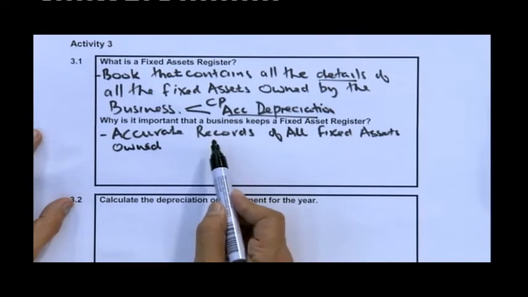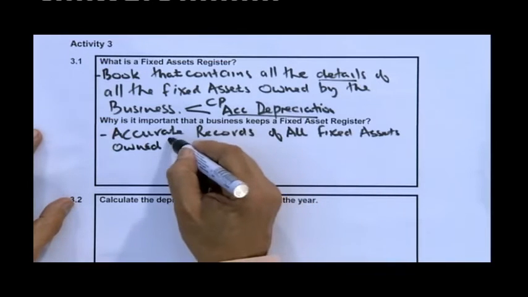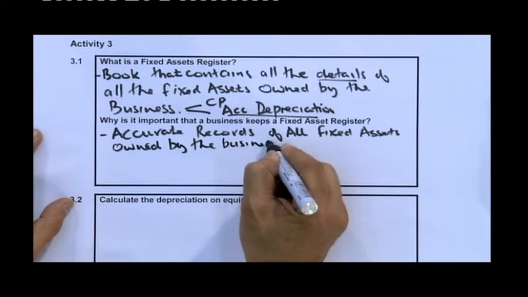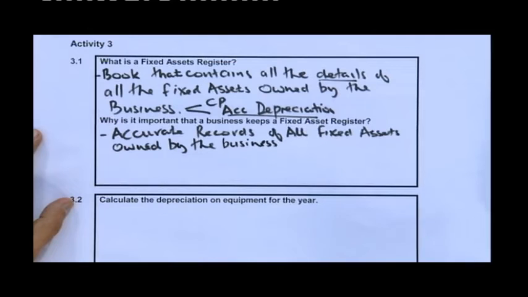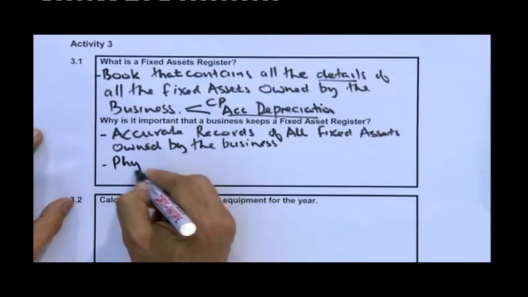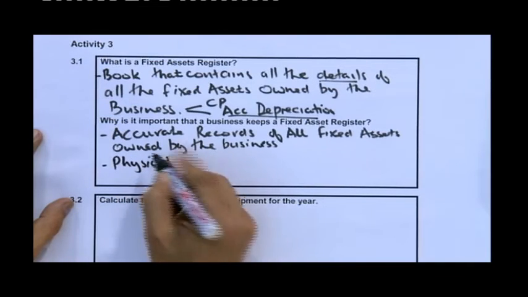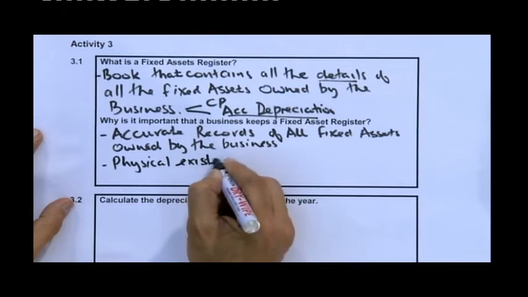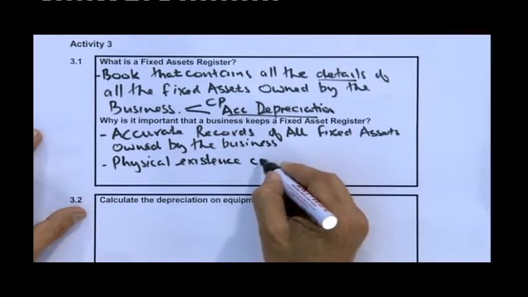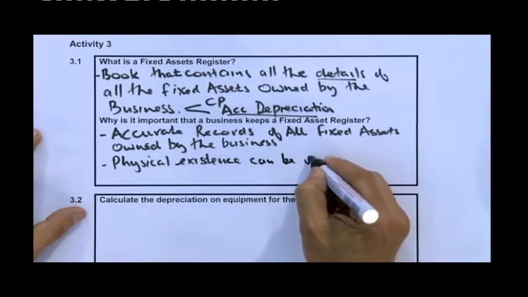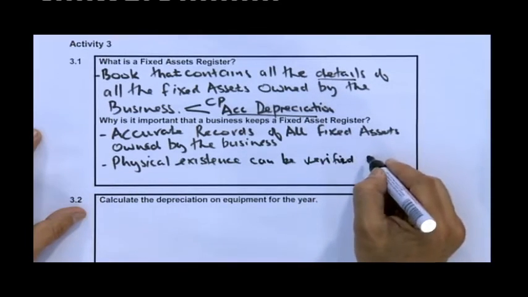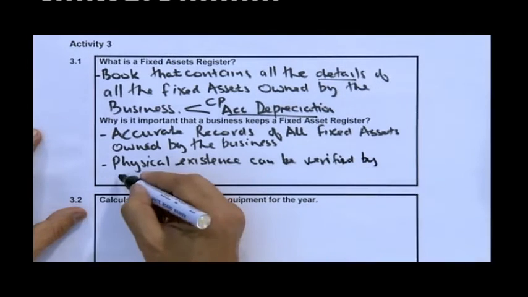We need to keep accurate records for all the fixed assets owned by the business. Okay. What else? The physical existence. Right? The physical existence can be verified by the description.